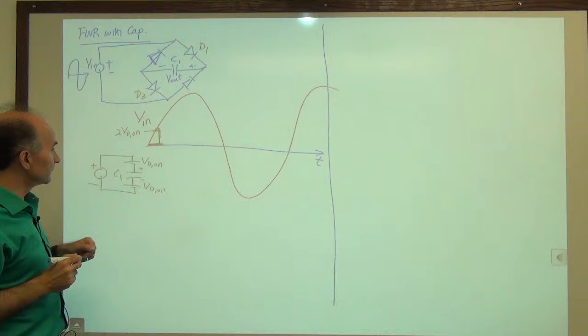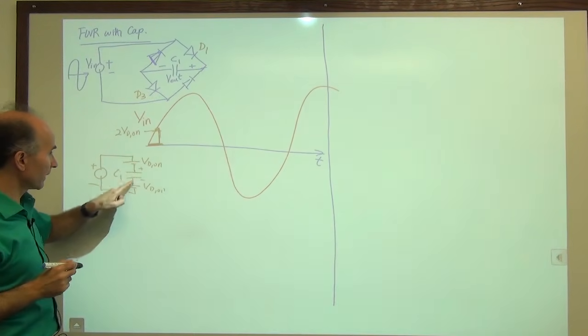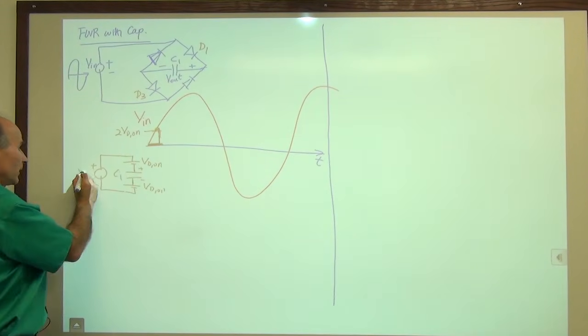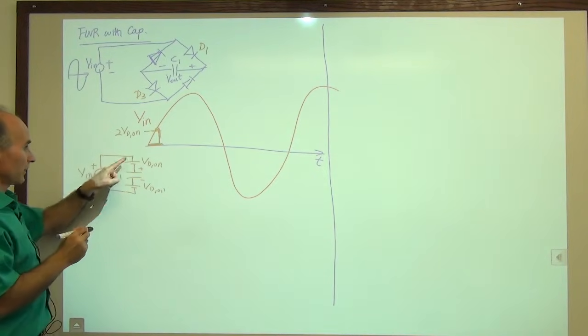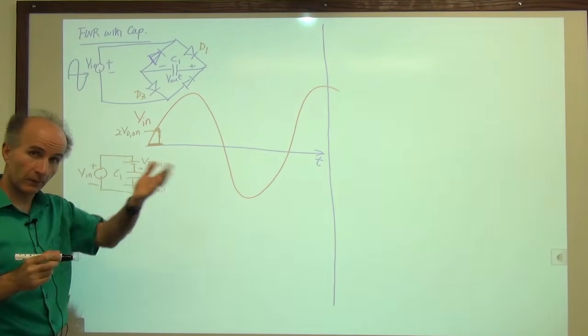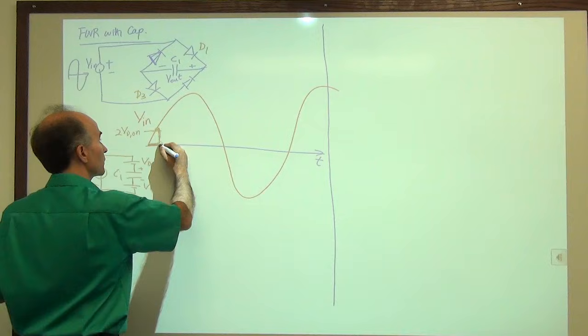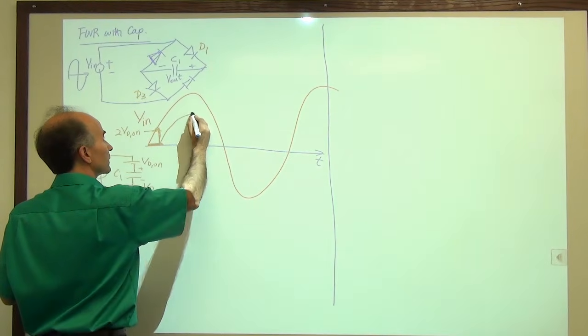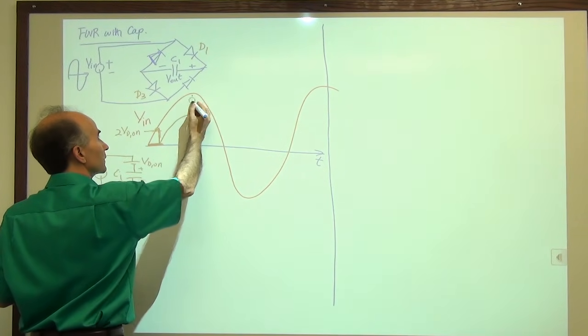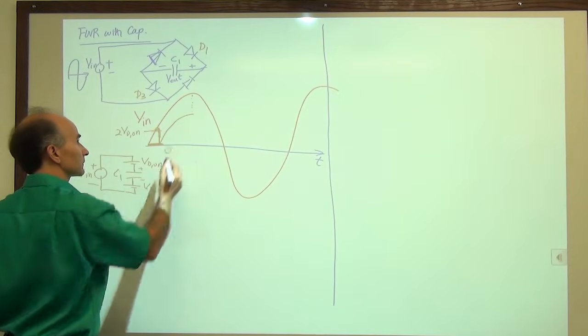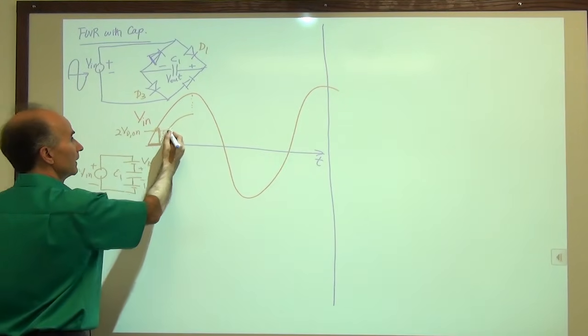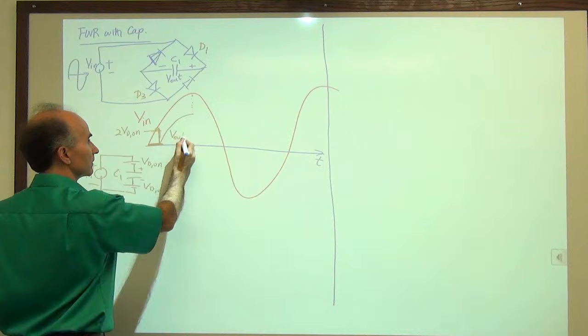Okay, so we see that the voltage across the capacitor is still given by V in minus 2 VD on. This is what we saw before. So the voltage will start tracking the input all the way to the peak. So this is the output waveform.